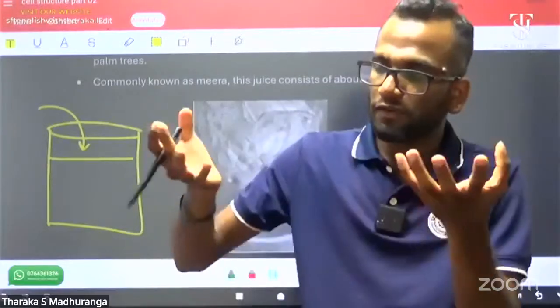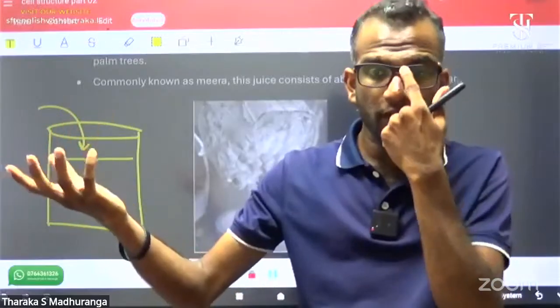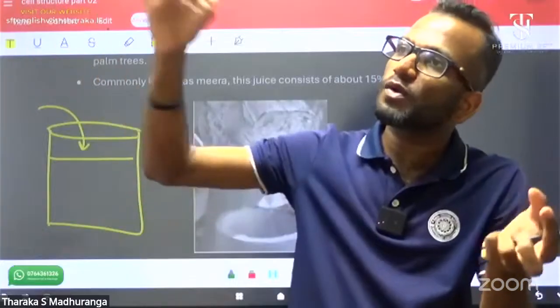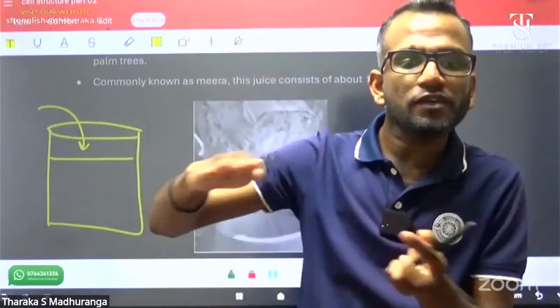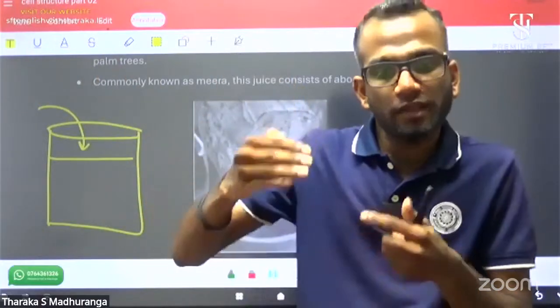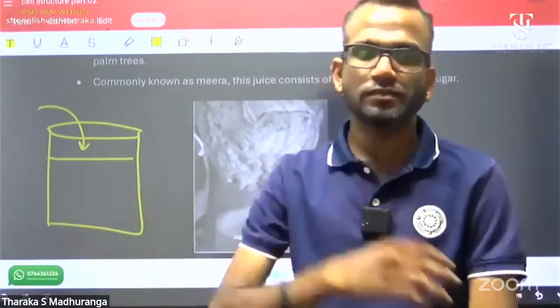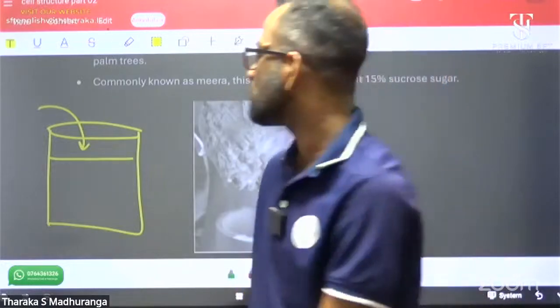Saccharomyces cerevisiae, when we provide a nutrition media and environment, the available microorganisms grow inside our solution. Then they grow rapidly and convert glucose into toddy, that is, glucose into ethanol.